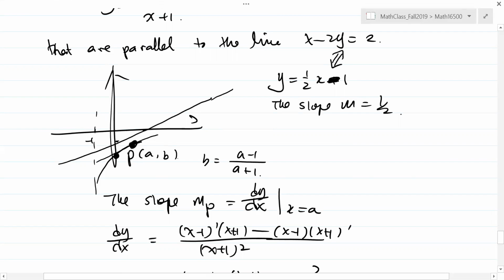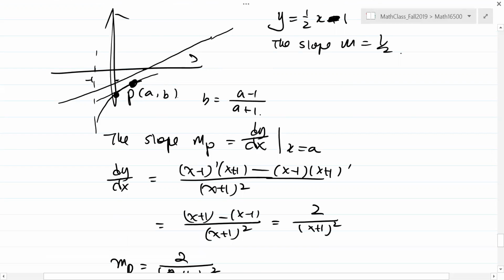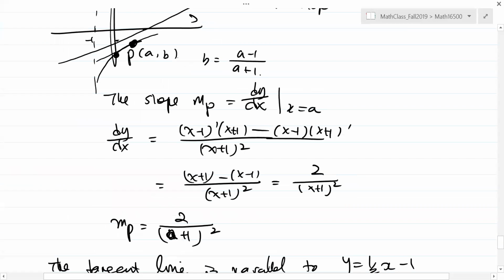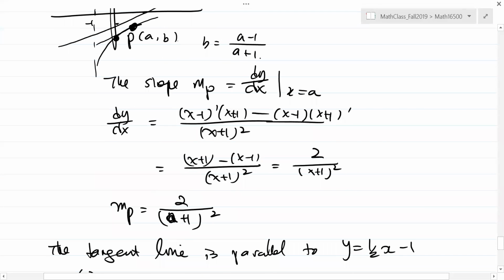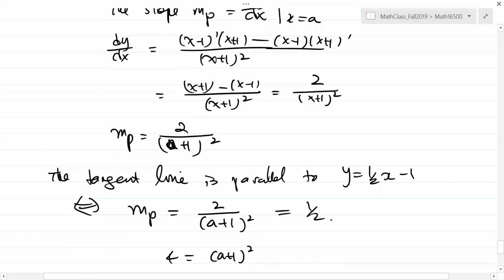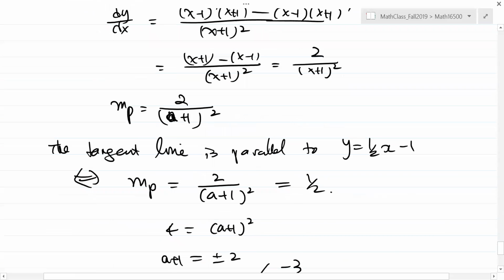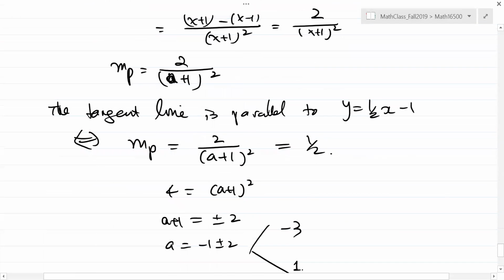Then calculate the slope of the tangent line, which is the derivative of the function. After simplifying, it is 2 over (x plus 1) squared. The slope of the tangent line at A is 2 over (A plus 1) squared. So this should be equal to 1/2. Otherwise, they're not parallel. Once it's set to 1/2, you can determine the value of A. So that's it.